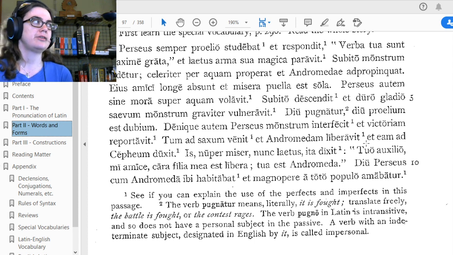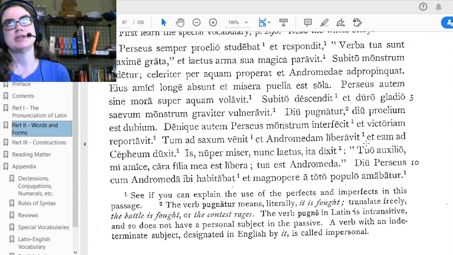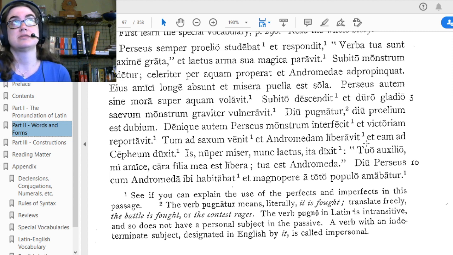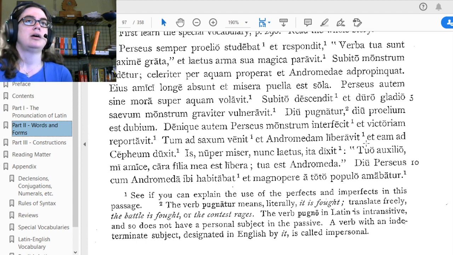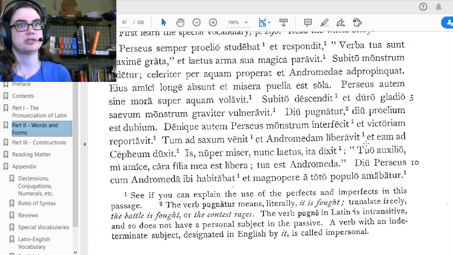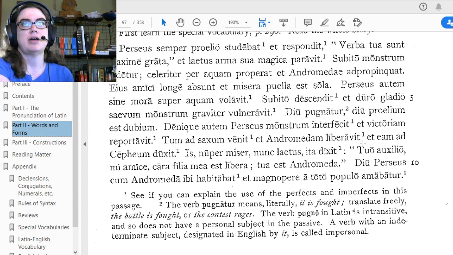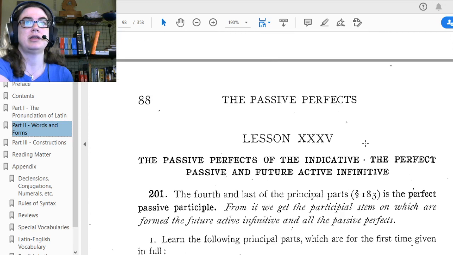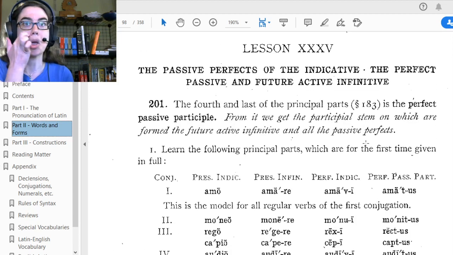Again, there's the other version where he does have to kill Andromeda's uncle because he had been going to marry her before. But then this happened. So there is that version. But after Perseus killed her uncle, they lived happily ever after. The end.